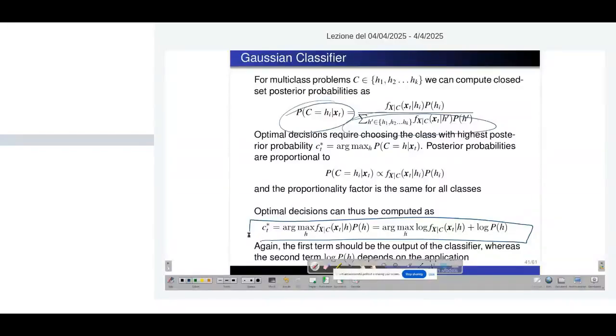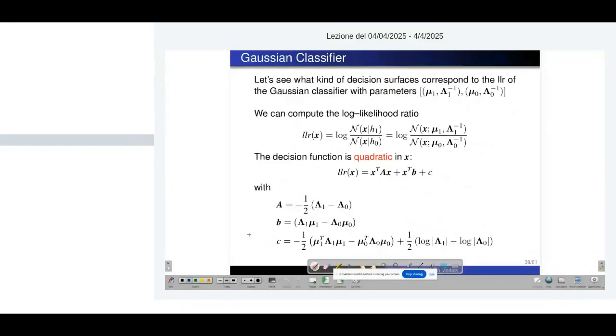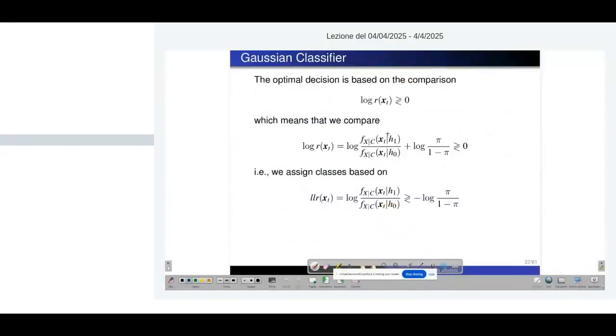For the moment we said we just select the class that corresponds to the highest posterior probability. Then we've seen that for binary problems we can represent this as a comparison of a score that is called log likelihood ratio. It's a value that the higher it is, the more it favors class 1, and the more negative it is, the more it favors class 0.